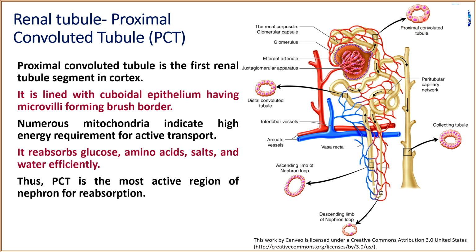The cells of the proximal tubule also contain numerous mitochondria which are required for active transport of molecules. So many molecules are reabsorbed at the proximal tubule itself. They include glucose, amino acids, salts, and 80% of water. Thus, the proximal convoluted tubule is the most active region of the nephron involved in reabsorption.